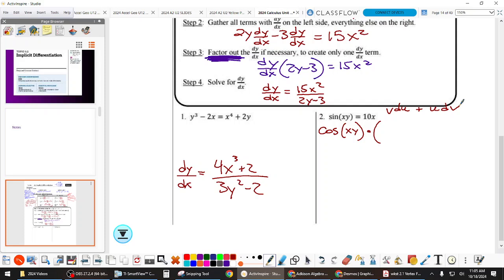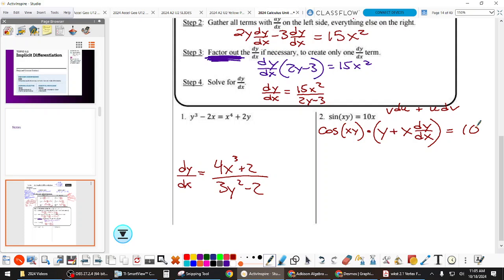So y times the derivative of x, which is just 1, plus x times dy dx. I said the derivative of x, but I meant the derivative of xy with respect to x. Okay? And then on the other side, just 10. Good? Okay.